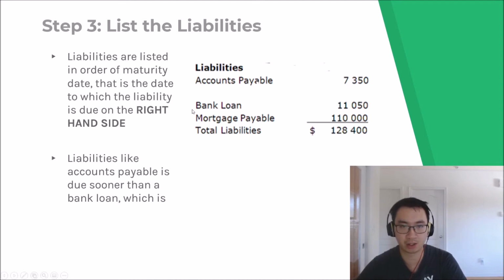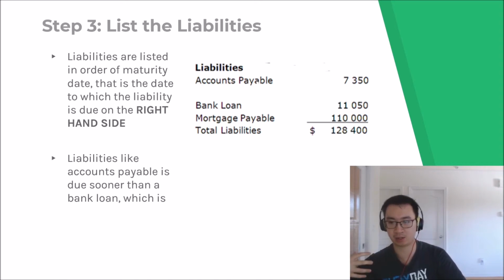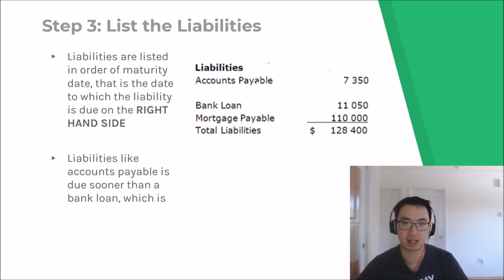And then the bank loan tends to be due earlier than mortgage payable. Mortgage payable is a very long-term fixed liability, and we're going to pay that off slowly. And a mortgage is a type of loan that you often take out if you buy a corresponding asset to it, like a house or some sort of property.